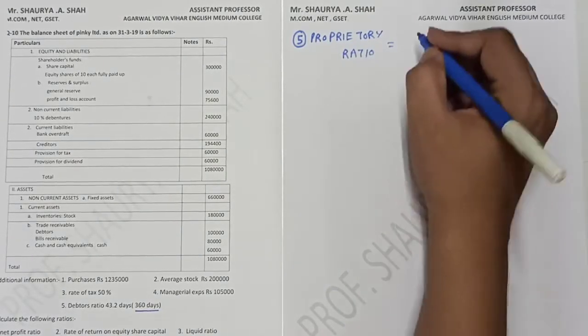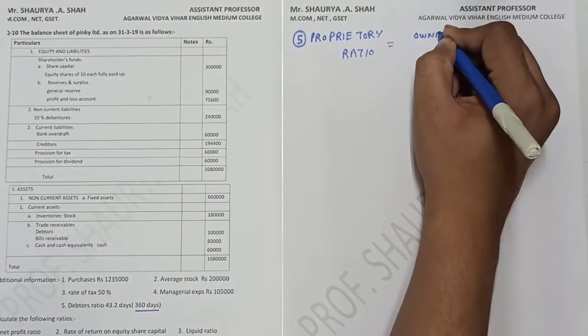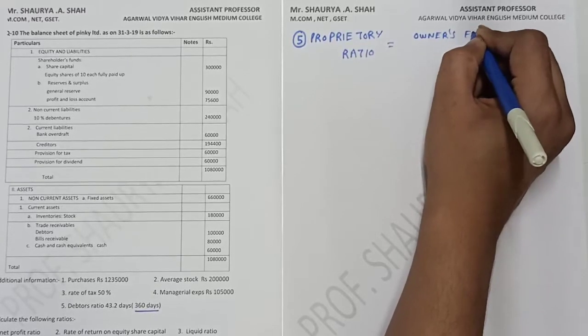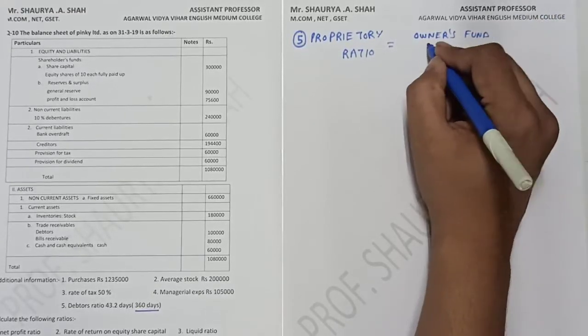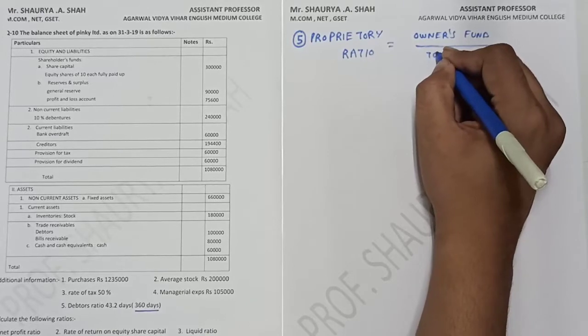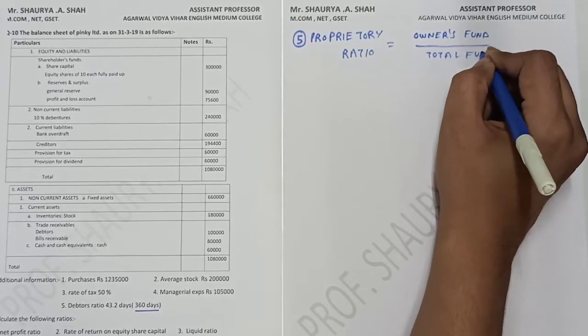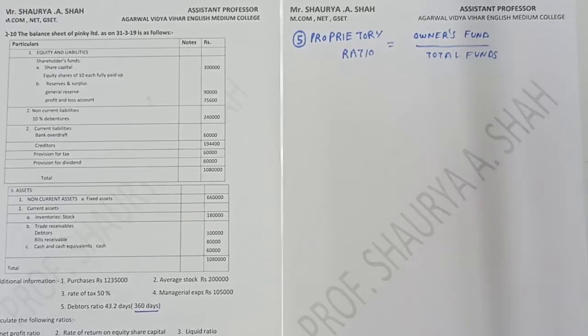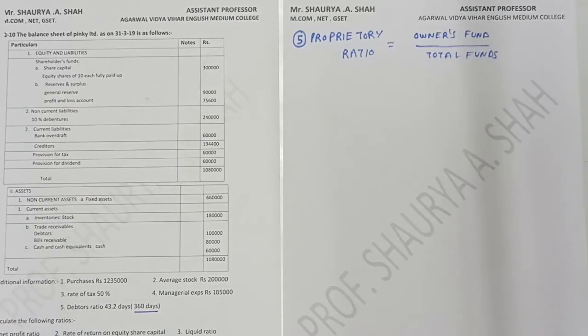Proprietary ratio is equal to owner's fund upon total funds. Owner's funds upon total funds, right? I hope it is clear to every student.